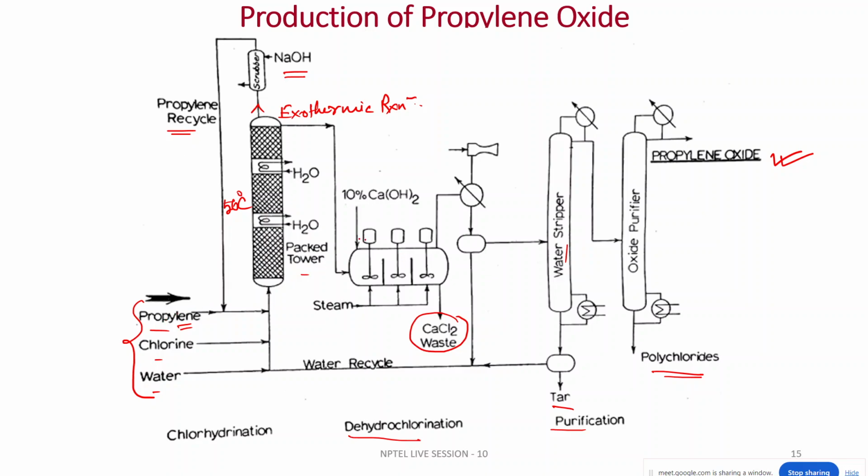The yield of the chlorohydrin is around 87 to 90%, and mostly the byproduct will be propylene dichloride. So this is the simple process, a very simple flowchart. I guess you have understood this one.